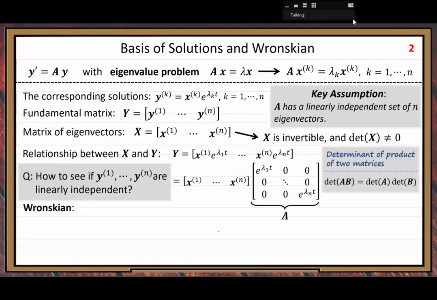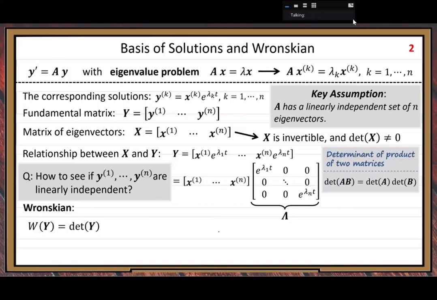All right, so then the Wronskian is just the determinant of Y, based on the definition. Here we have n linearly independent solution vectors, so we calculate the Wronskian, the determinant of the matrix with these n vectors.